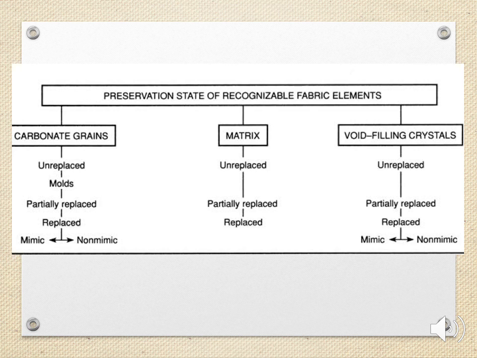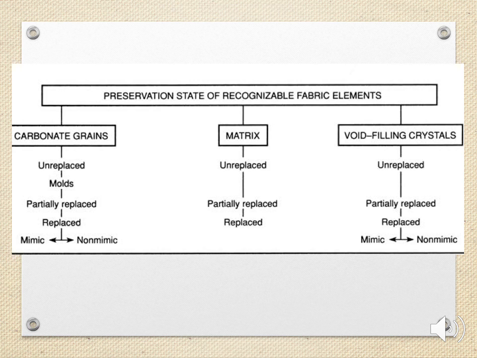So let's look at a preservation pathway. We can start with our carbonate grains. They can become unreplaced. You can get molds. They can become partially replaced or fully replaced, and then you can have either mimic, meaning that you can see all of the carbonate grains but they have a different final mineralogy than when they started out.